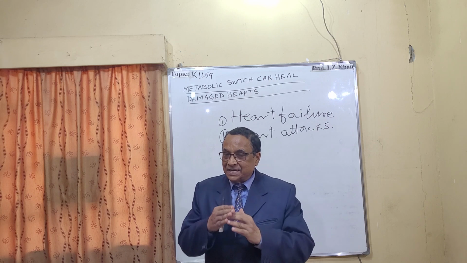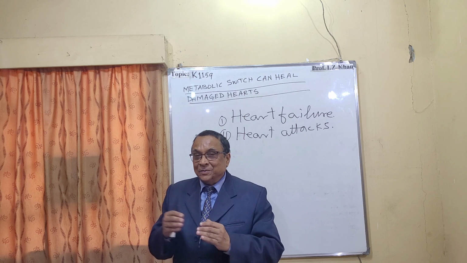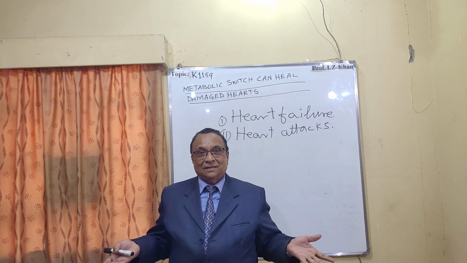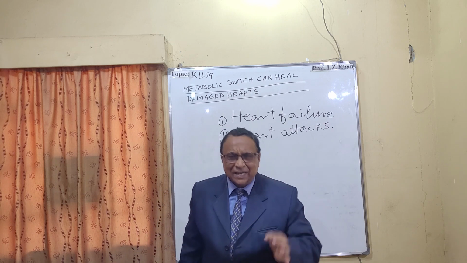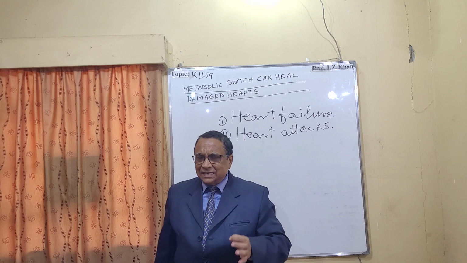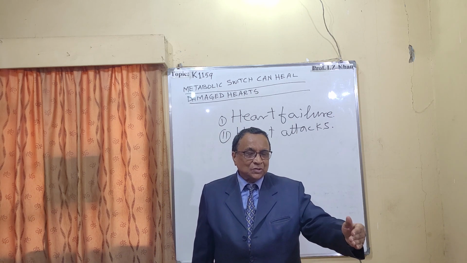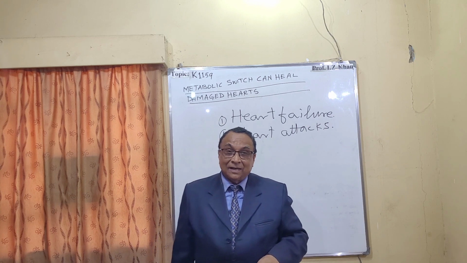And those cells which are damaged, immediately there will be production of free radicals, that is reactive oxygen. And free radicals, reactive oxygen, are the main cause of not producing the new cells, because they have enough energy, cell energy.